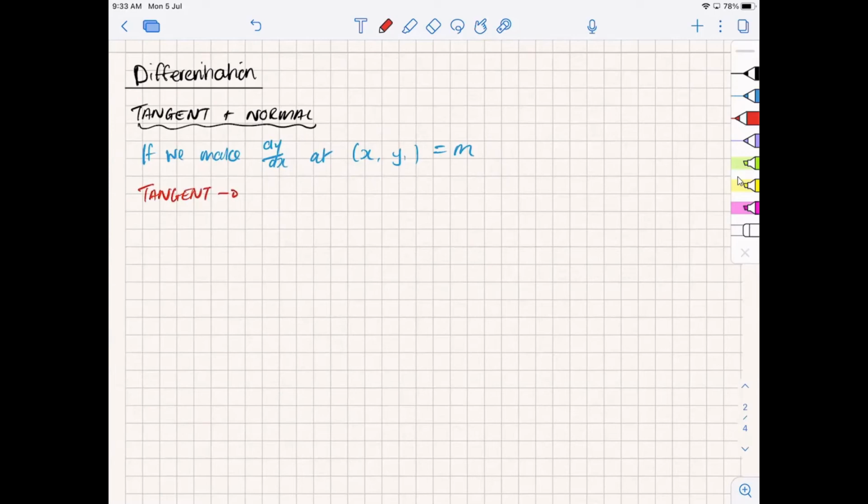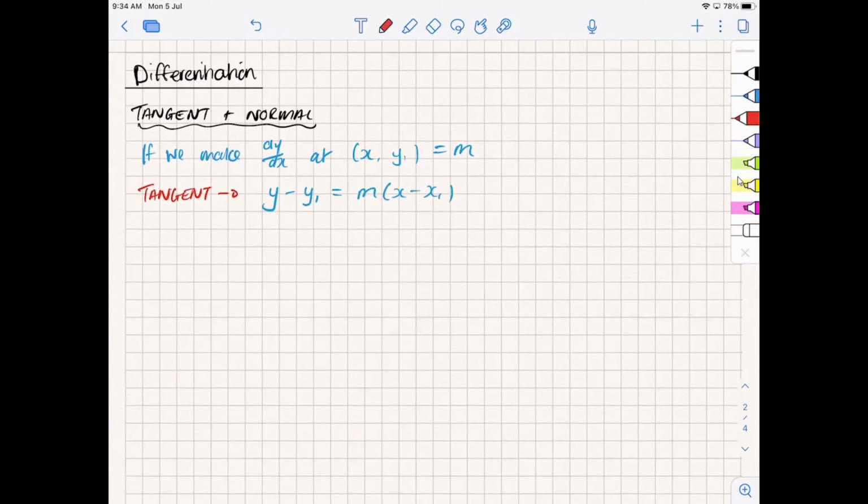This gradient is changing y with changing x. There we go. If I took the derivative at a certain point and made that gradient equal to m, how could I find the equation for the tangent? It would be y minus y1 equals m(x minus x1), because the gradients are exactly the same.